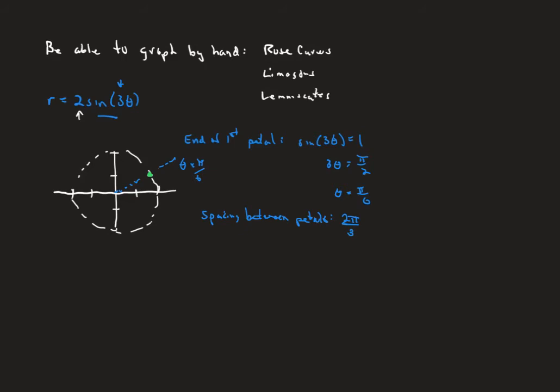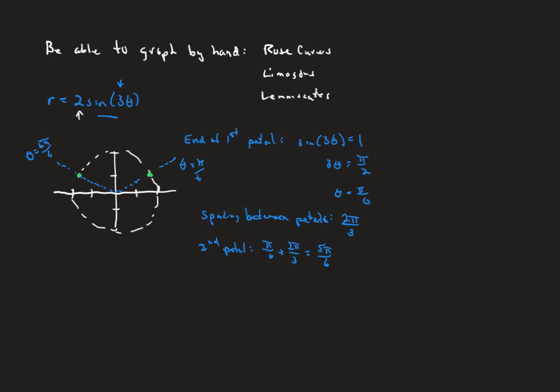So that means our second petal is going to be from the end of our first petal, pi over 6, and we add 2 pi over 3 to get to the next petal. Getting a common denominator, we get 5 pi over 6. So if we go to an angle of 5 pi over 6, then we plot the end of our second petal, and I'll do that in green right there.